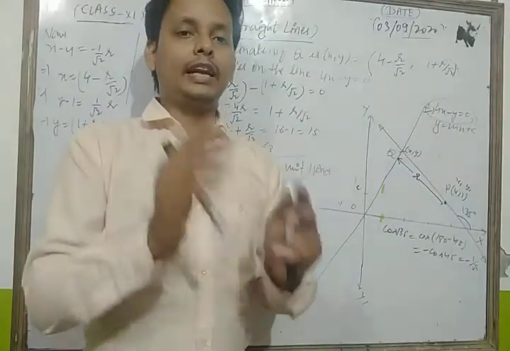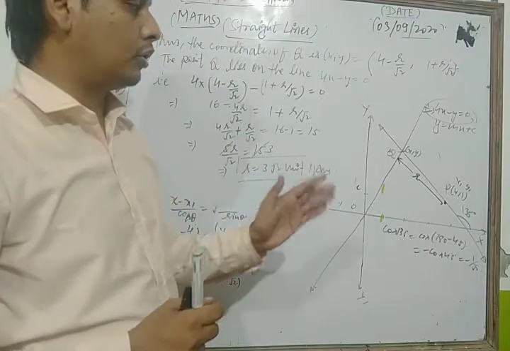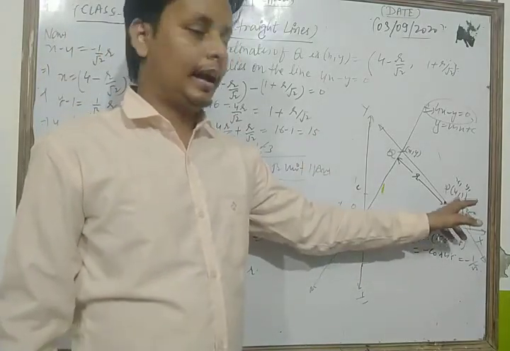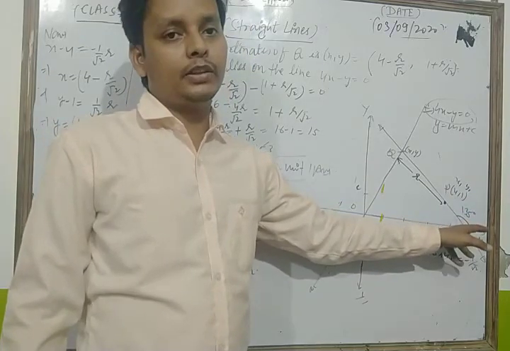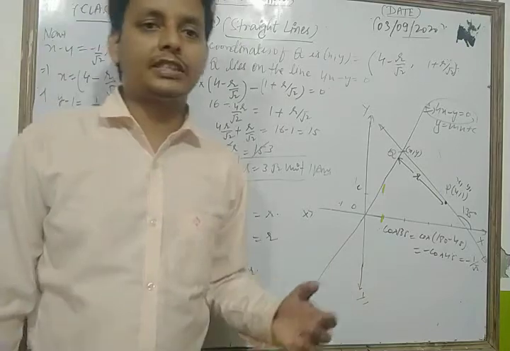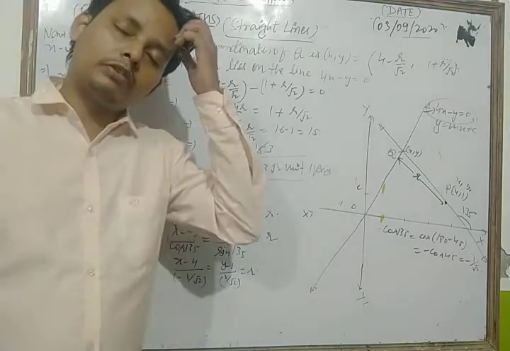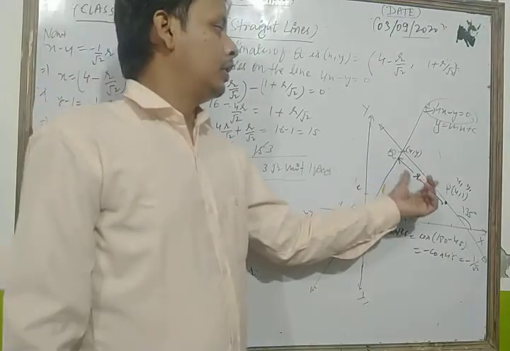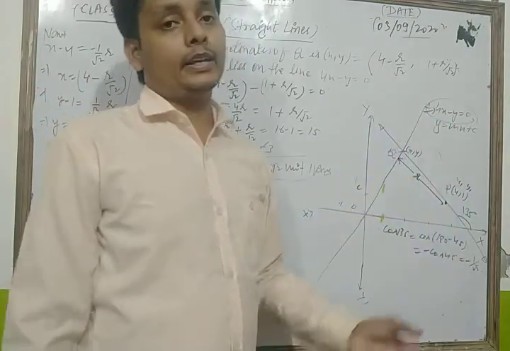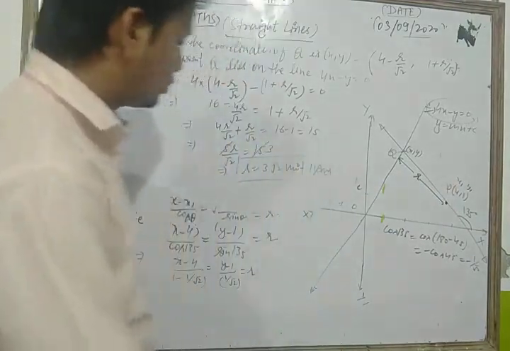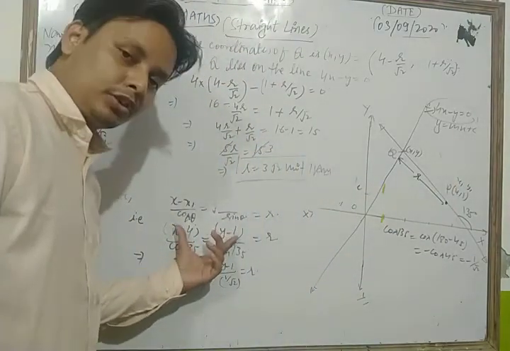First of all we find the general equation of the line in distance form, passing through (4, 1) and making an angle of 135 degrees with the positive direction of the x-axis: (x minus x1) upon cos theta is equal to (y minus y1) upon sin theta is equal to r. Here r is the distance of the line 4x minus y from the point P. In this way we form that equation of the line.